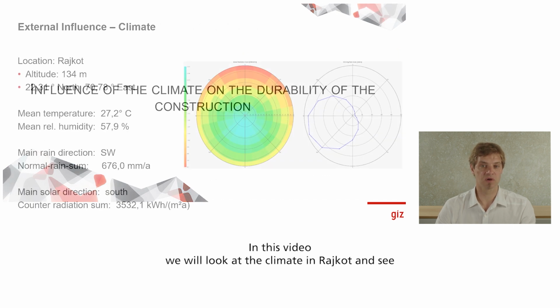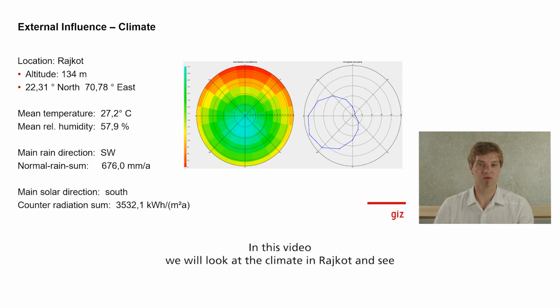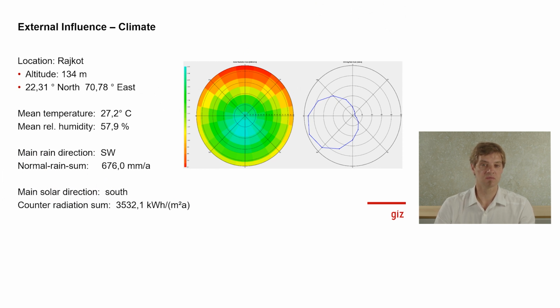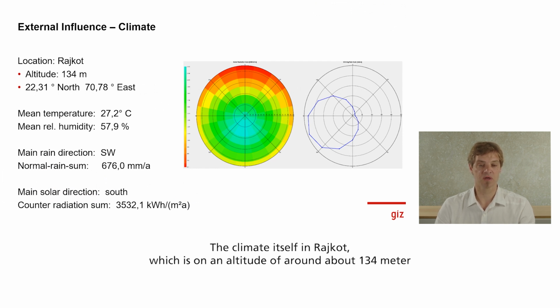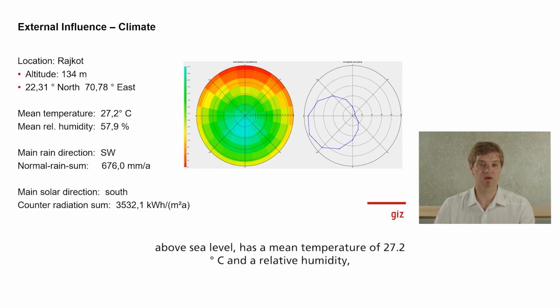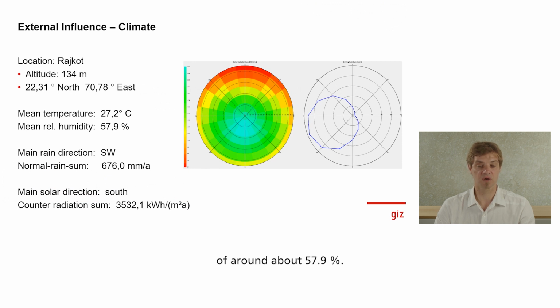In this video, we will look at the climate in RAJKOT and see what the influence of that climate could be. The climate itself in RAJKOT, which is at an altitude of around 134 meters above sea level, has a mean temperature of 27.2 degrees and a mean relative humidity of around 57.9%.